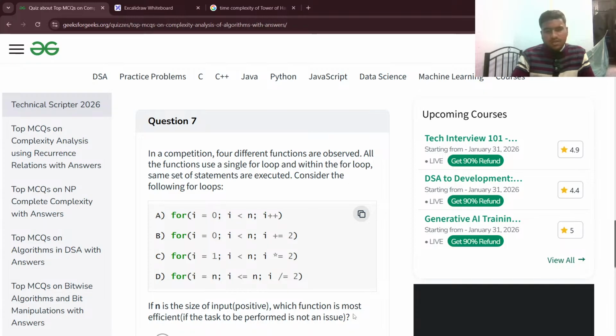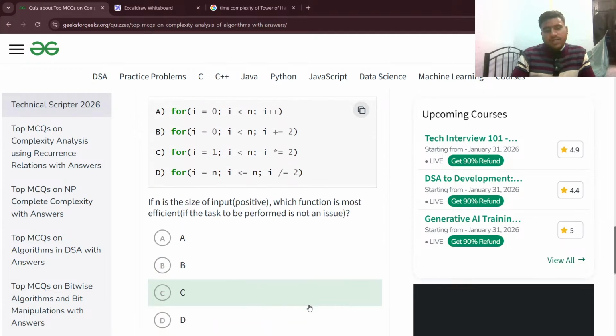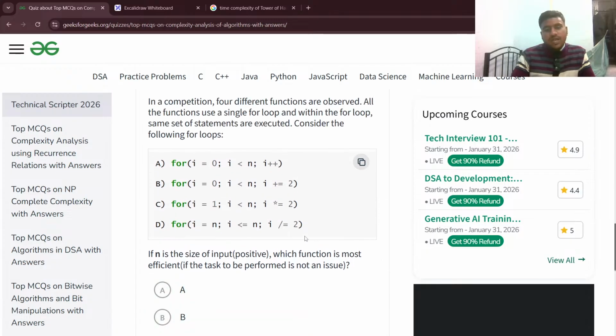So basically, you have to find which one has the least time complexity, or you can say the slowest asymptotic growth. So this has big O of n. This is big O of n by 2. This has big O of n log n.